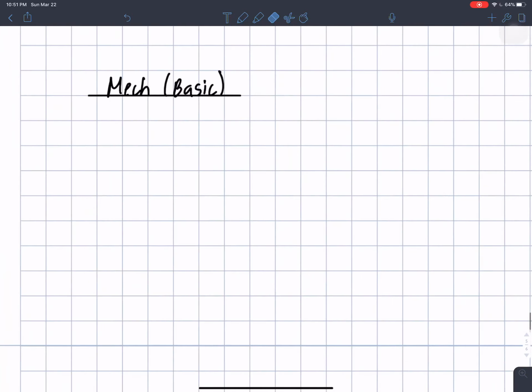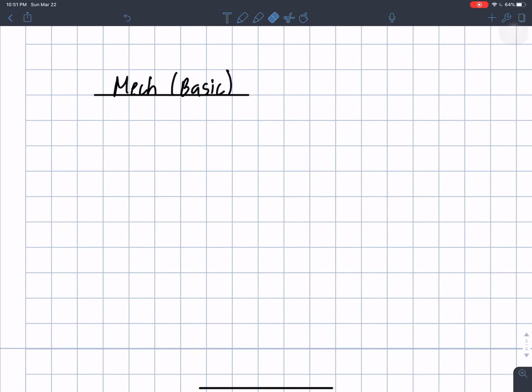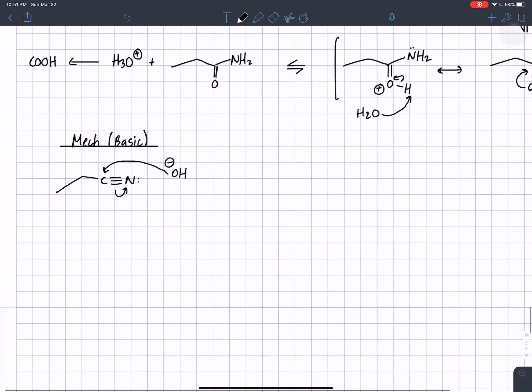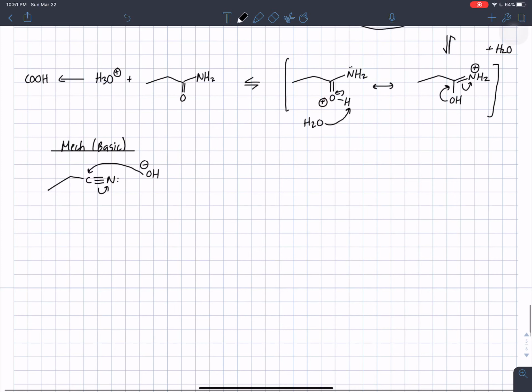So, step 1, you have this C triple bond N again. And we have OH minus, so because you have OH minus, you can directly attack, and this goes here. This part is reversible. C double bond N with a minus here. And then I can call this OH, like that.